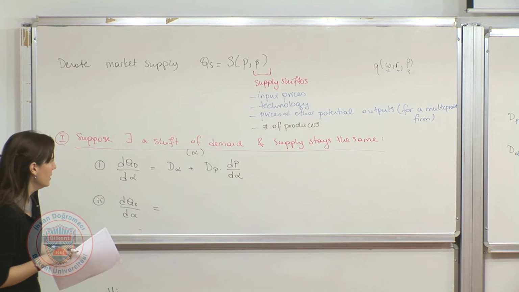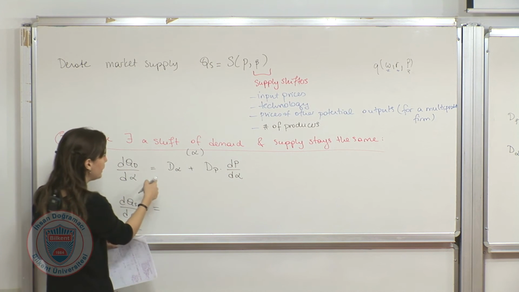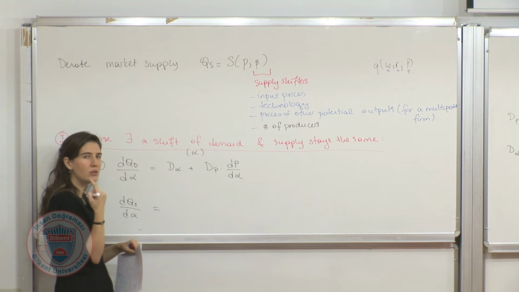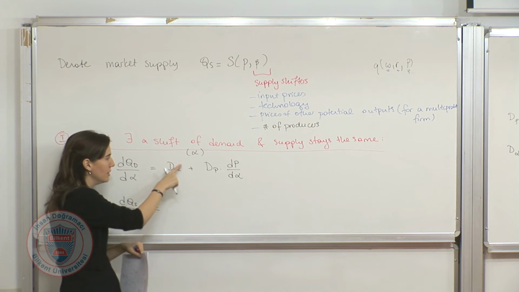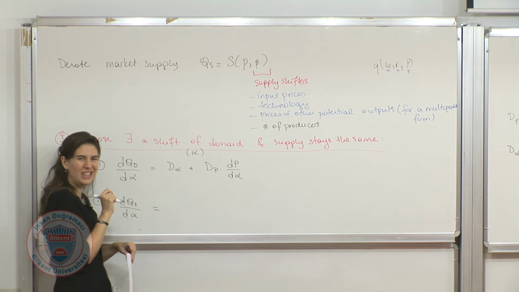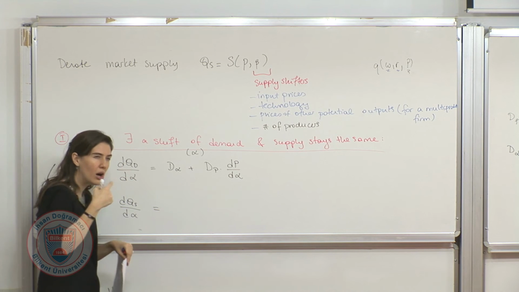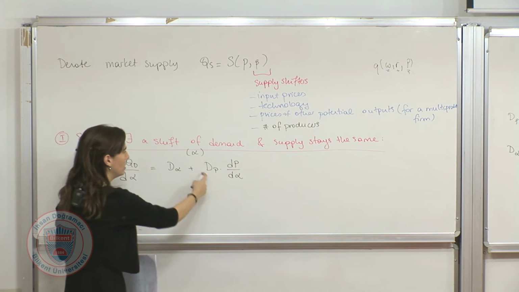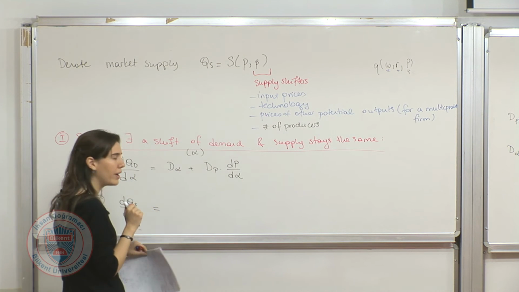So what I did is that I took the derivative with respect to alpha, but I kept in mind that there is alpha in the demand function. You can think of it like income in the demand function. And also, this is going to change the equilibrium price as well. So this is the effect of that.